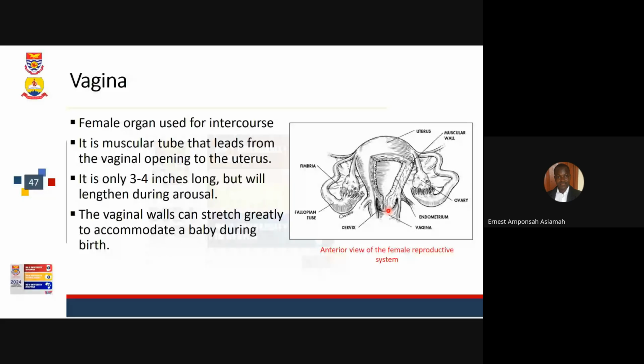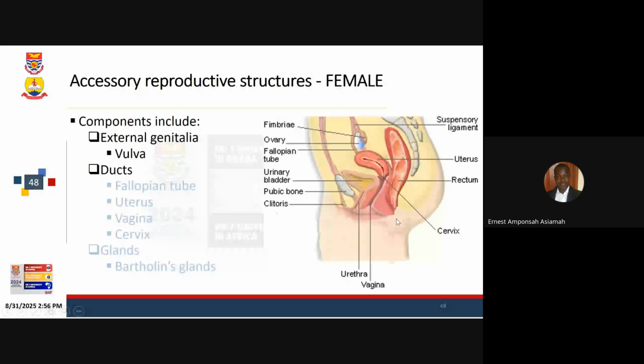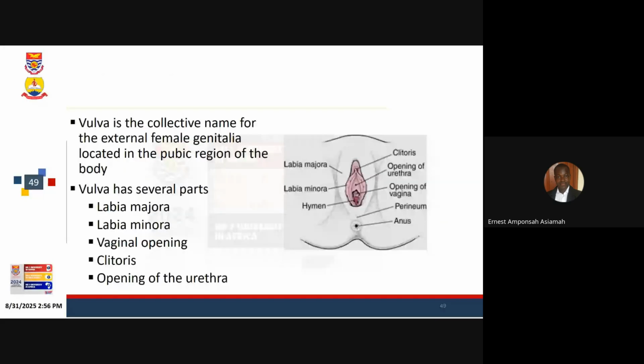Then we have the vagina, which is the female organ for intercourse. It is a muscular tube that extends from the opening all the way to the uterus. Usually it's about 3 to 4 inches long, but it can lengthen during arousal. And the vaginal wall is made up of muscles that can stretch to accommodate a baby during birth.